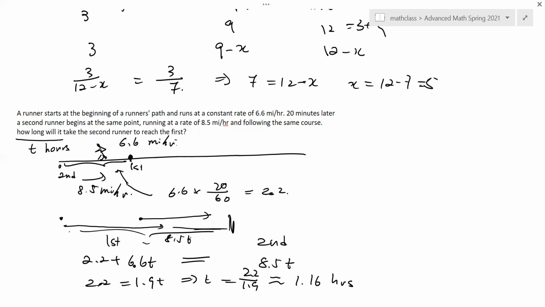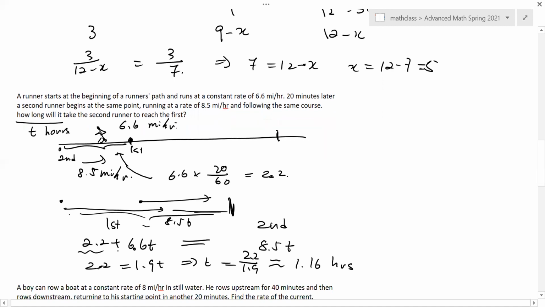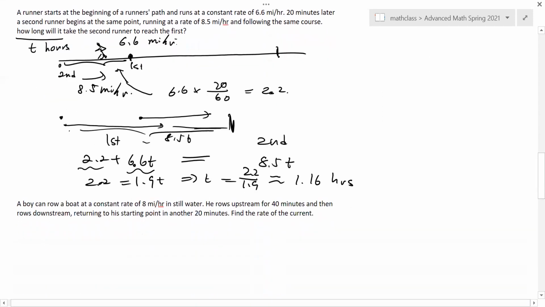So you have to calculate the distance the first runner travels, then you add it together: 22 miles plus its speed. Then that should be equal when you solve the equation. All right, so that's the second.